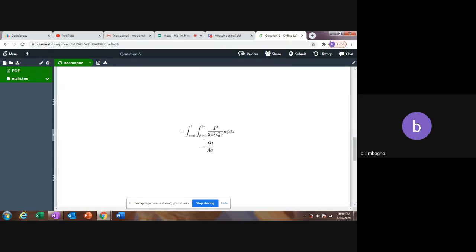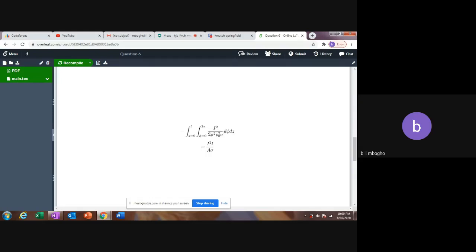Our limits are phi going from 0 to 2 pi, and z going from 0 to 1, or L. I used L because I was copying Mina Kumari. Anyway, then you do the integration. The good thing about this integral is that it's so easy. Everything is independent of the bounds.